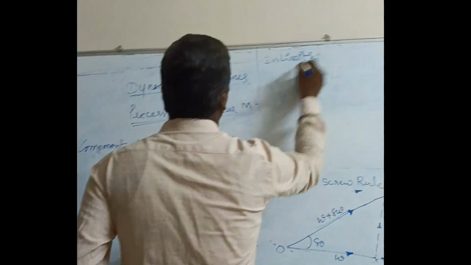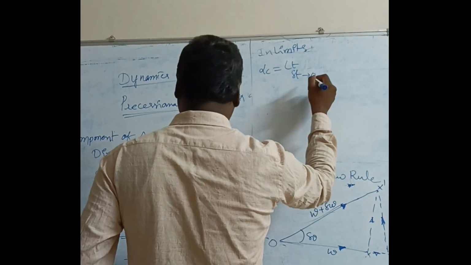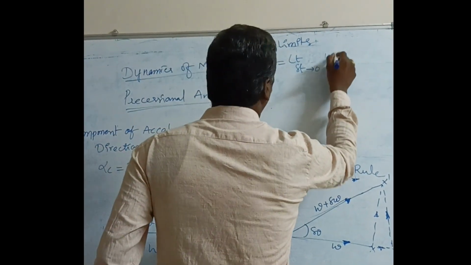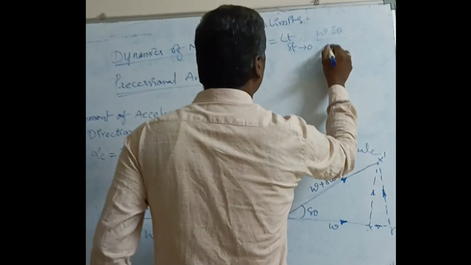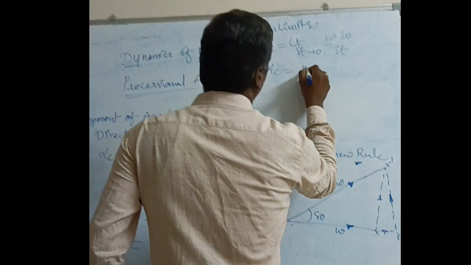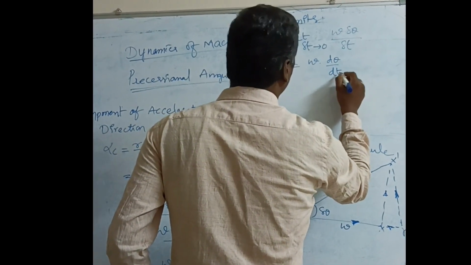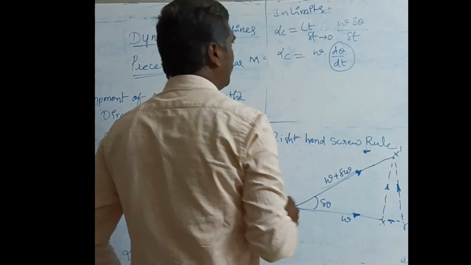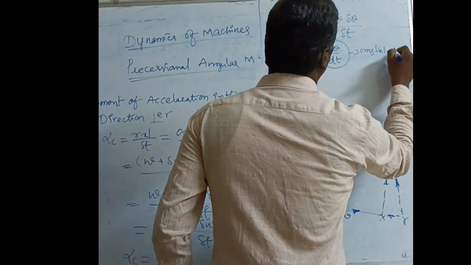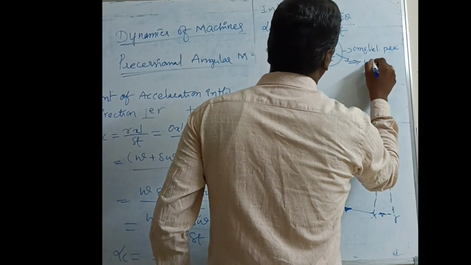Apply limits as delta t tends to 0: alpha c is equal to omega into d theta by dt. d theta by dt is the angular velocity of precession, so we replace this value with omega p.